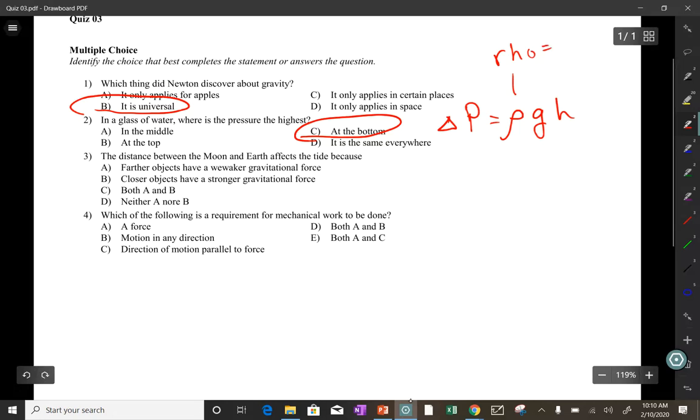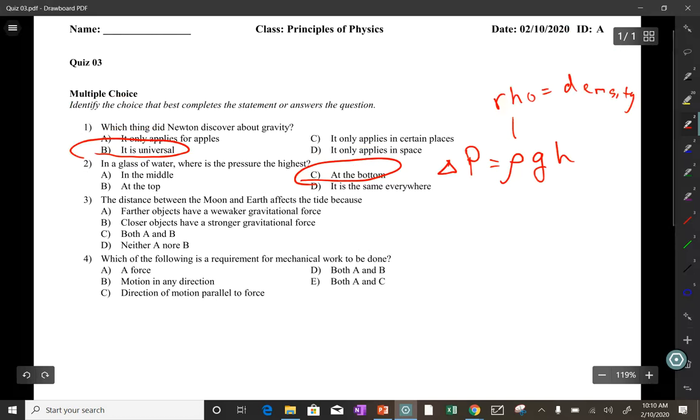It stands for density. So it's the density of the fluid multiplied by G. What is G? The acceleration of gravity. Well, there's a gravitational force, there's a gravitational constant, there's the acceleration of gravity.